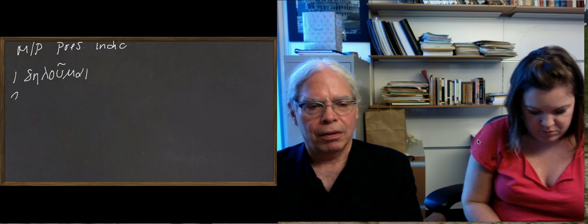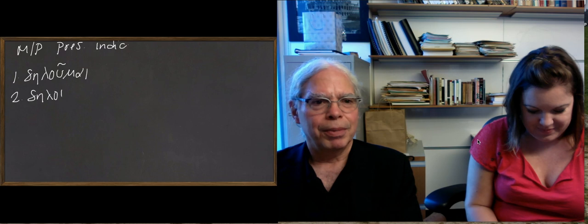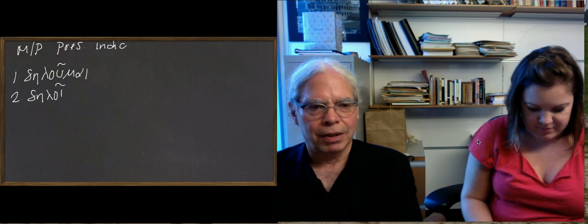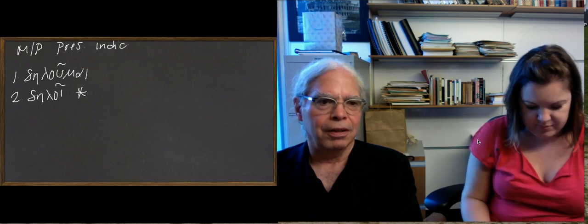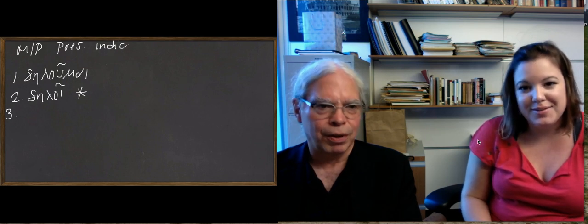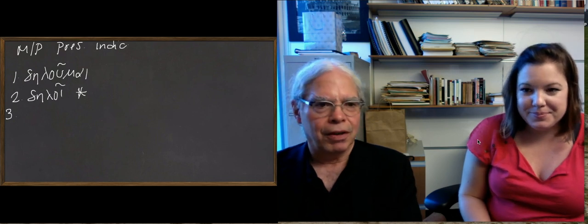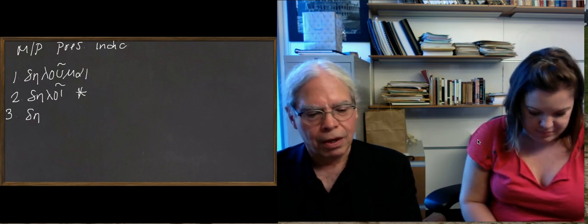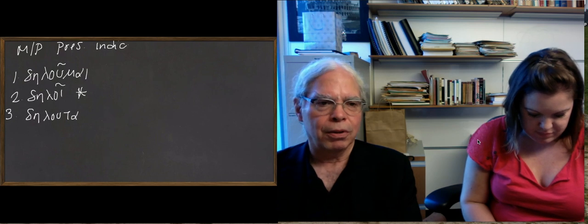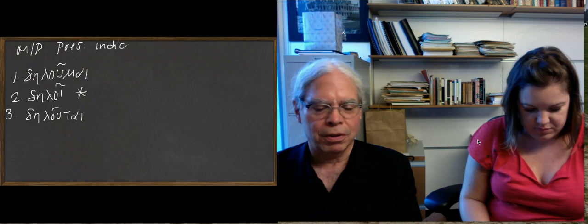And what you get as a result of a whole set of contractions here is the horrible thing, deloi, because you're going to get an eta iota subscript at the end of it. That looks like a third person singular indicative, subjunctive, optative, as well as a second person singular middle and passive. And then you have delotai and so forth: deloumetha, delousthe, delountai. So that's not bad in the plural, but the second person singular form sucks.